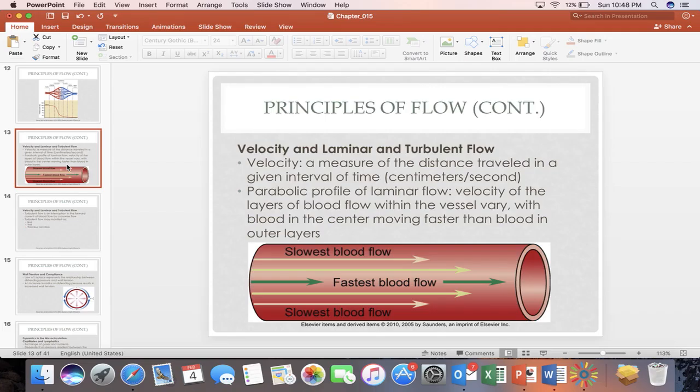The velocity of flow is different within different parts of the blood vessel. What we have is what is called laminar flow, and that says that the flow of blood within the vessel is fastest in the middle of the vessel.